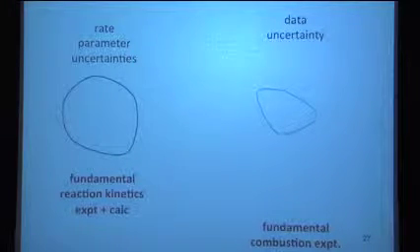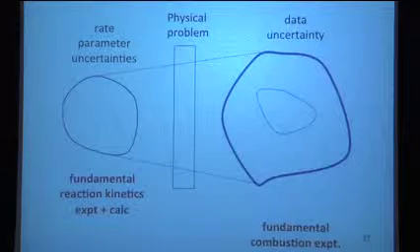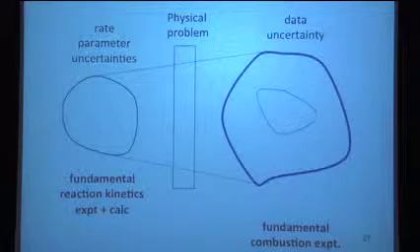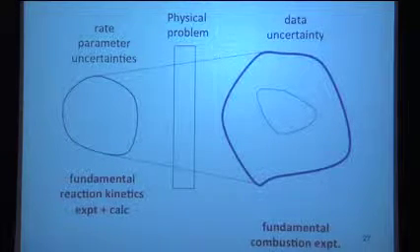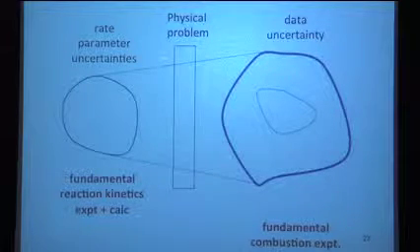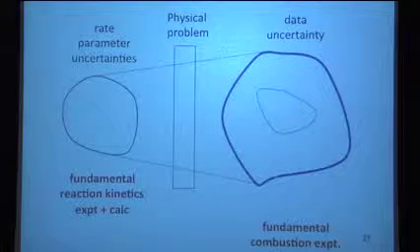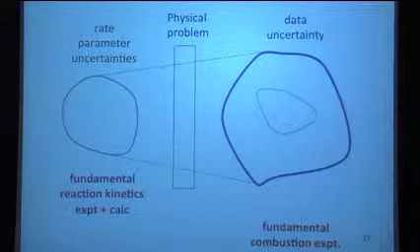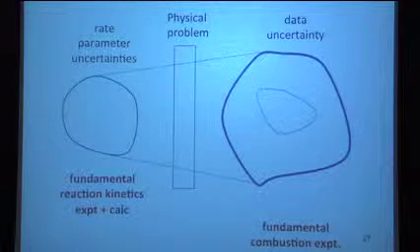And in between, if you collect reactions into a reaction mechanism, or model, you also collect the uncertainty of the rate parameter into the model. And they talk to each other through some sort of physical problem description. For example, the governing equation of a premixed flame. Okay? Mathematically, you can propagate one into another.